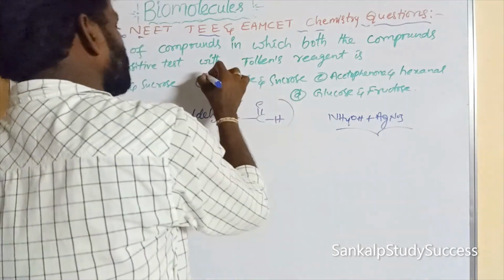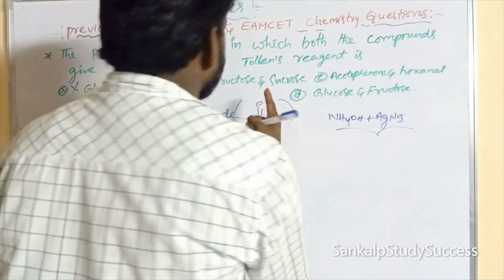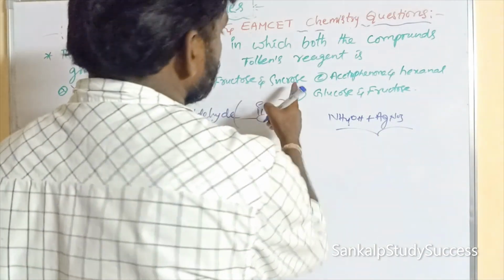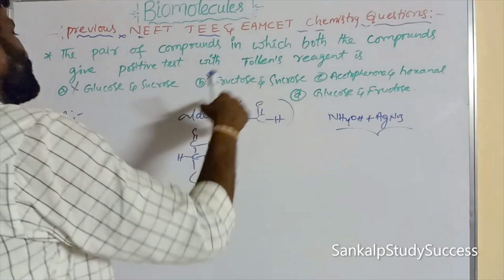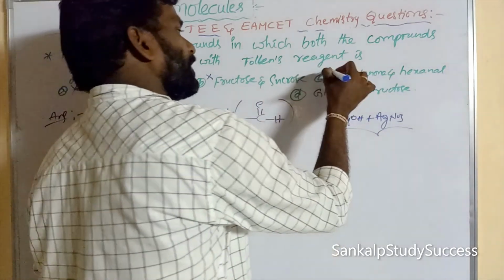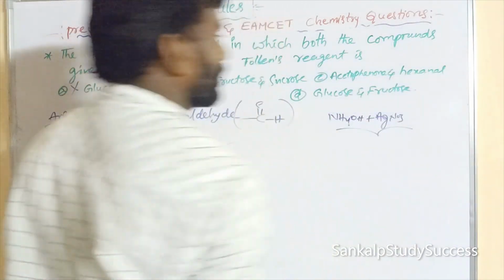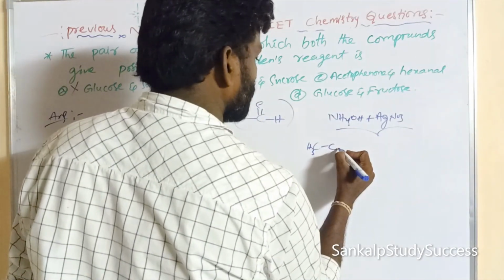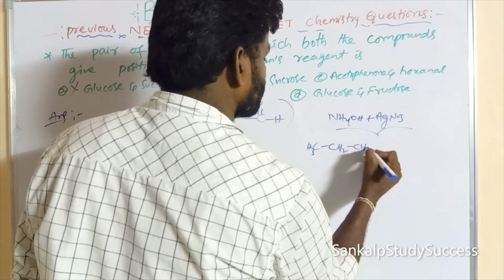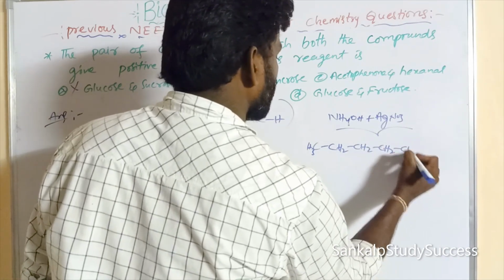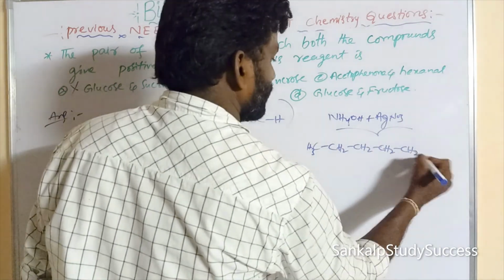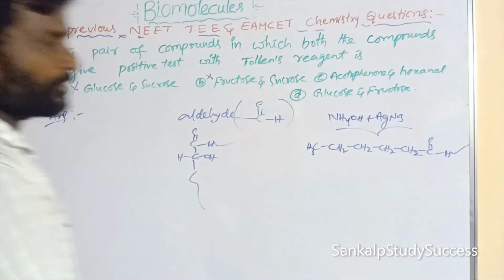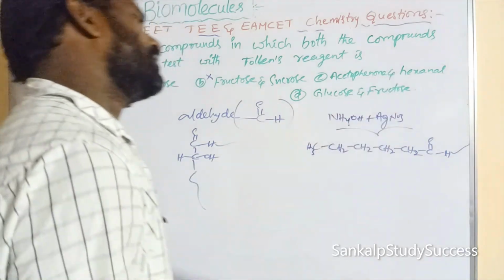Fructose and sucrose. Fructose gives the Tollens test, but the other one is sucrose, so this pair is not correct. Acetophenone and hexanal: hexanal contains an aldehyde functional group, so it gives the Tollens test.